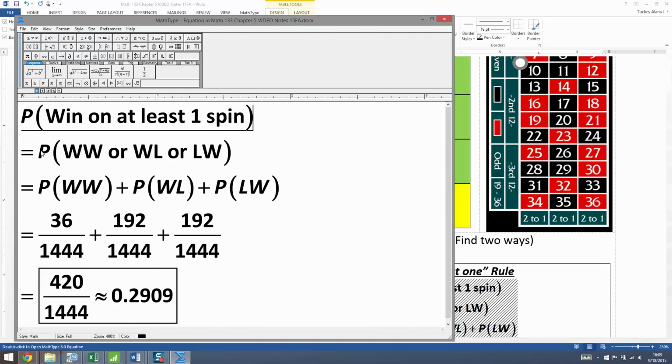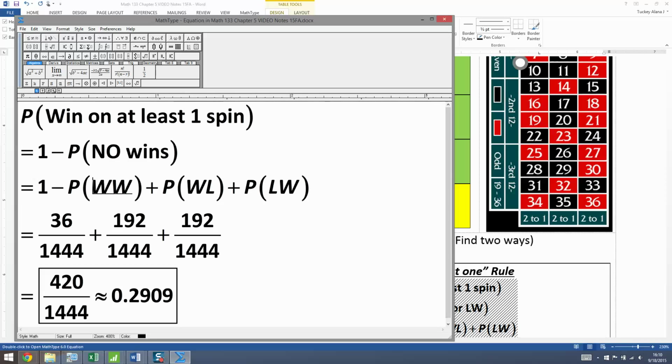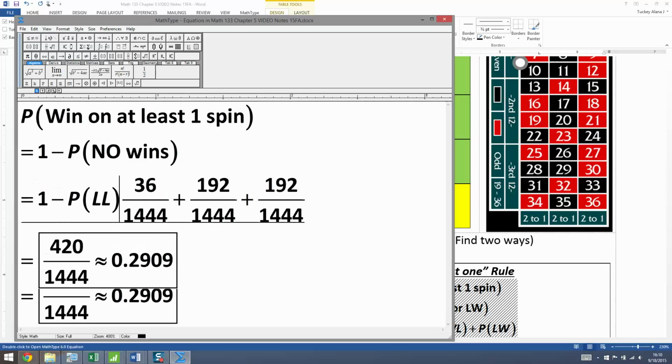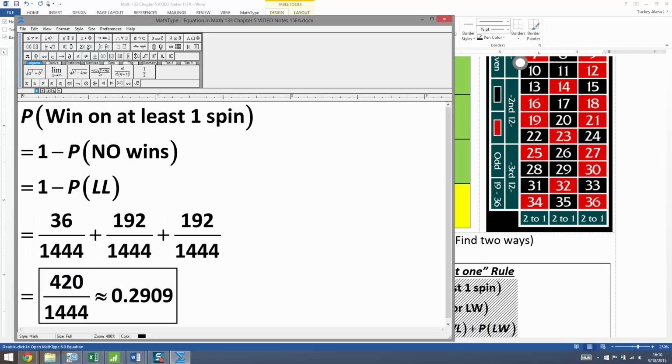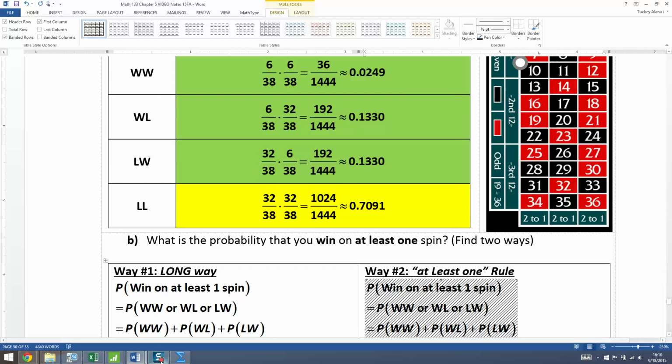So let's see. What I'm saying is the probability of at least one win. What we're going to do is take 1 minus the probability of no wins. In other words, it's 1 minus the probability of lose-lose. Now, it might not seem simpler, but it actually is simpler, and I'll show you why in just a second. So 1 minus, and if you remember, lose-lose had a numerator of 1024.